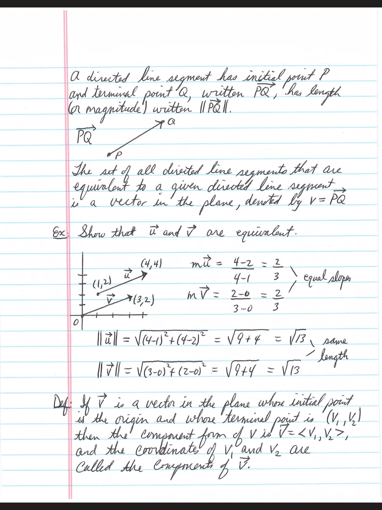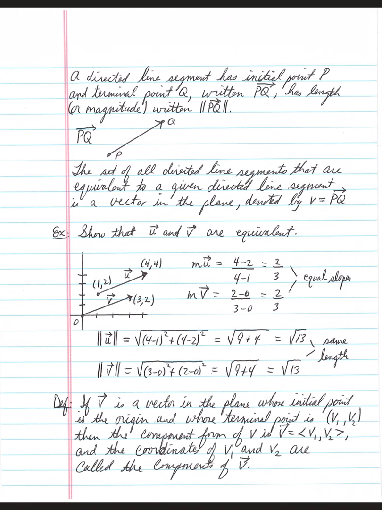The magnitude or length of vector v is the square root of 3 minus 0 squared plus 2 minus 0 squared. That gives us 9 plus 4, which is also square root of 13. Because these vectors have the same length and point in the same direction, we call them equivalent.